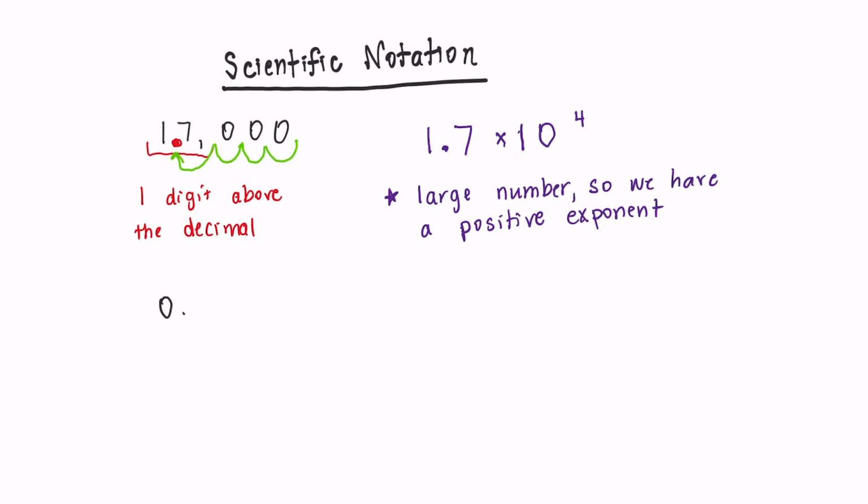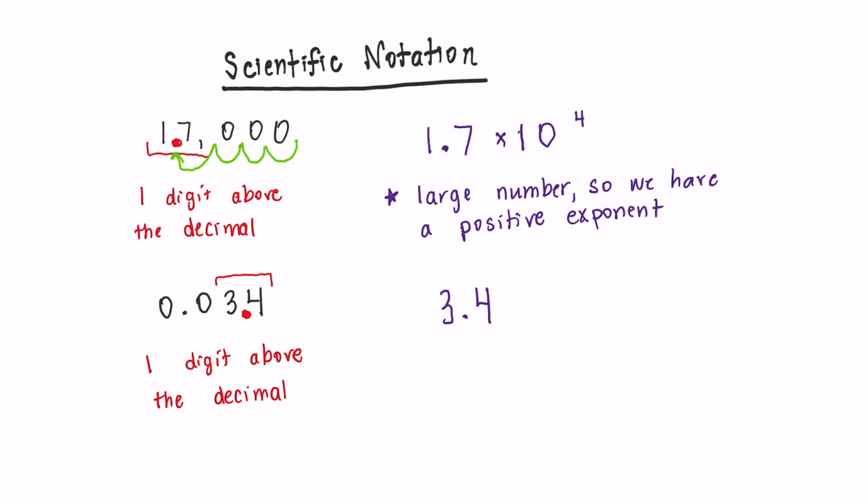Let's take a number less than 1, 0.034, and we're going to place our new decimal so that there's one digit above the decimal. In this case, the decimal will go between 3 and 4. And so in scientific notation, part 1 is 3.4. Next, we're going to look at how many decimal places we moved to get to the new notation.